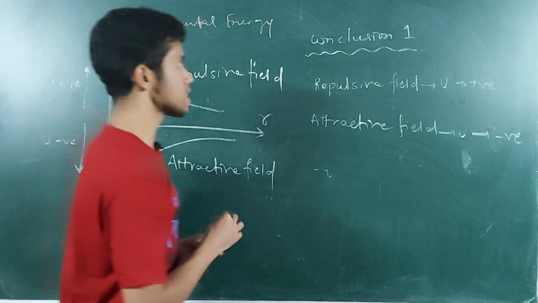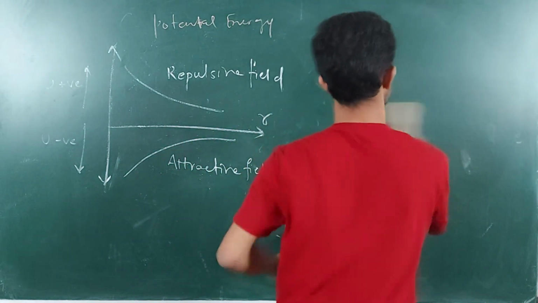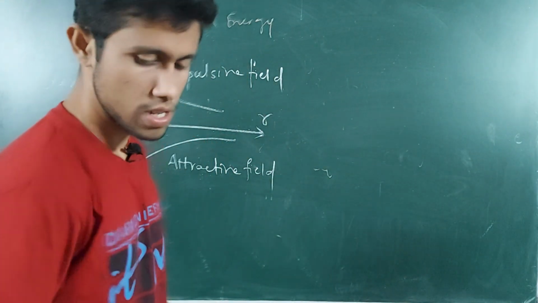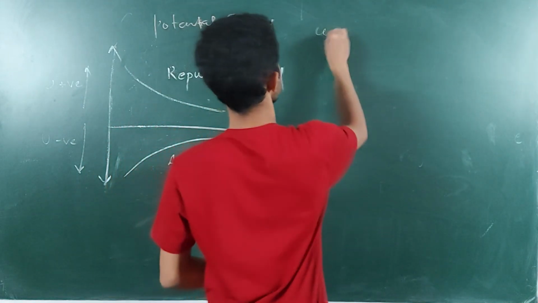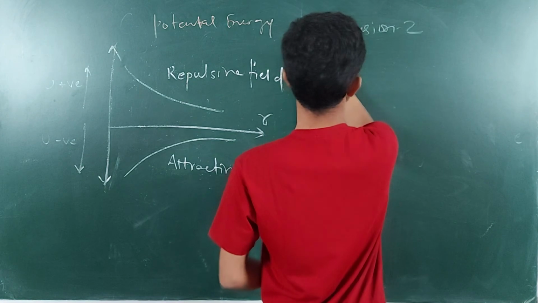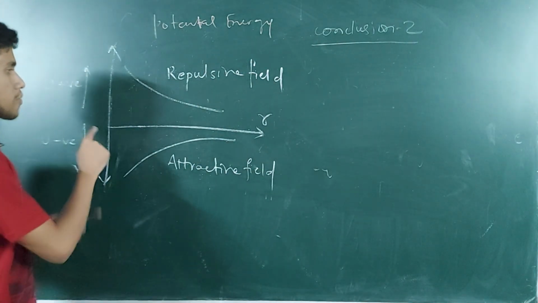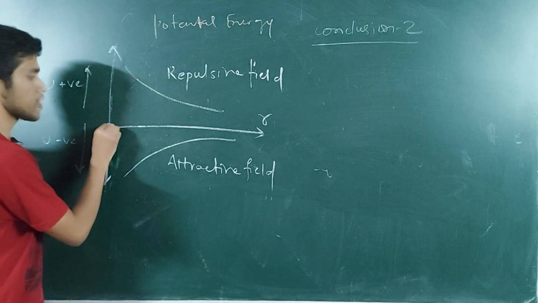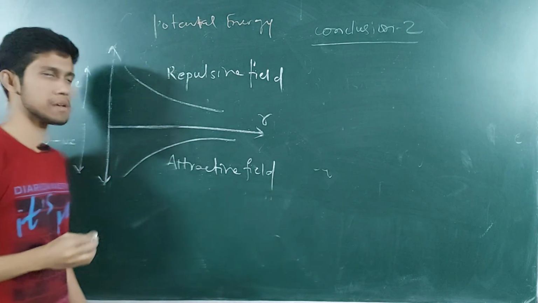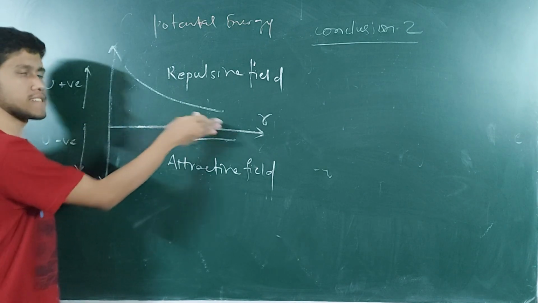What is the next conclusion? Now tell me, as you are increasing the distance between the two bodies, means you are increasing R, you are going along the positive x-axis.